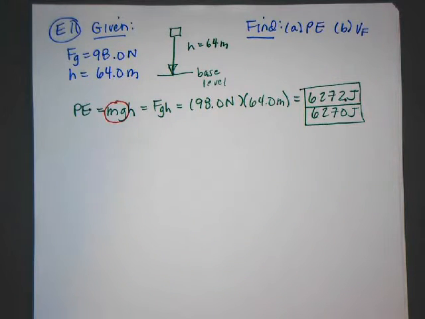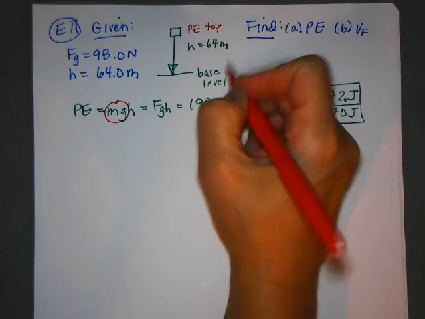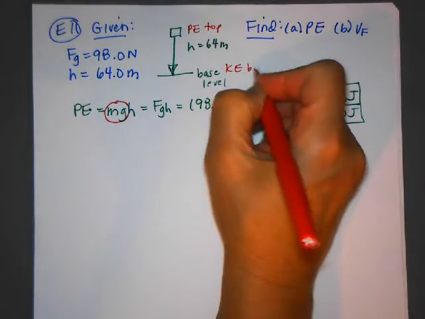Okay, so that's the potential energy at the top. Now remember, if we wrote out conservation of energy, we know the potential energy at the top is going to be equal to the kinetic energy at the bottom.